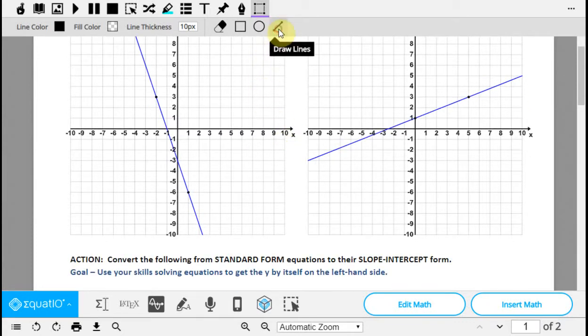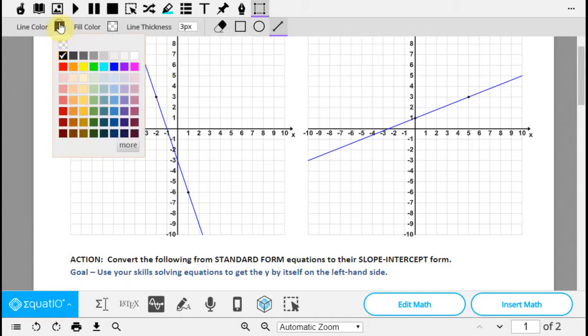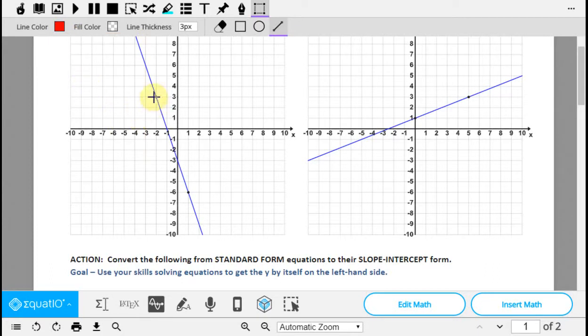I'm going to draw my rise and my run in here. So my rise, as I said, is going down. And then my run is to the right, that's positive.